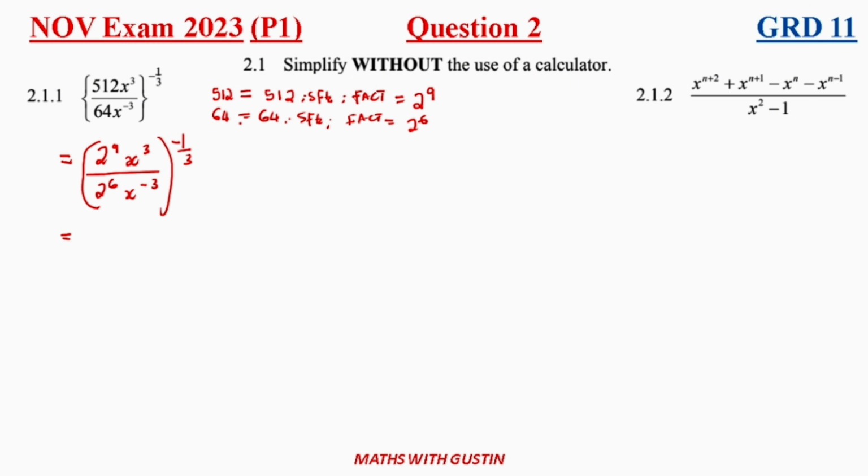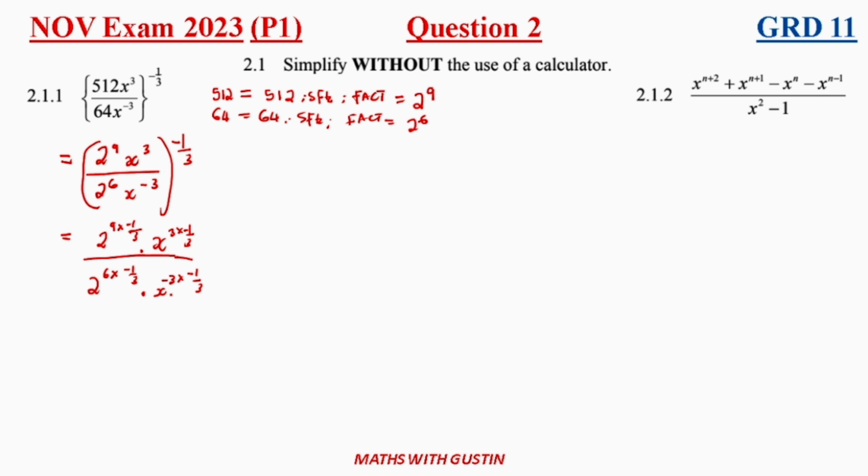All right, remember, if you have an exponent outside the bracket, it has to multiply everything that is inside the bracket. So in this case, this is what we are going to have: 2 to the power of 9 multiplied by -1/3, and x to the power of 3 multiplied by -1/3, and 2 to the power of 6 multiplied by -1/3, and x to the power of -3 multiplied by -1/3.